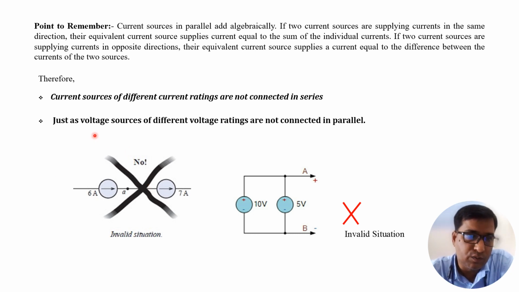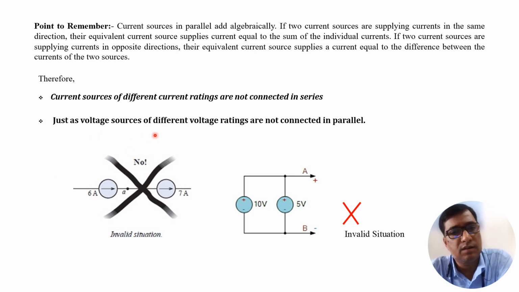Similarly, two voltage sources with different voltage ratings cannot be connected in parallel. Like a 10 volt source cannot be connected in parallel with a 5 volt source, because for an ideal voltage source the terminal voltage should be the same. This source tries to make the voltage across the AB terminal 10 volt, and this one tries to make it 5 volt.